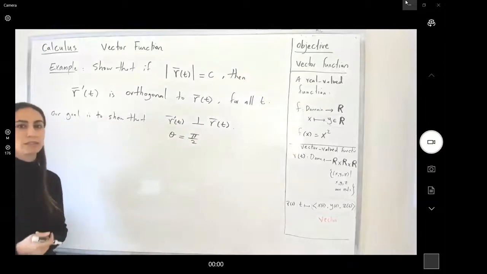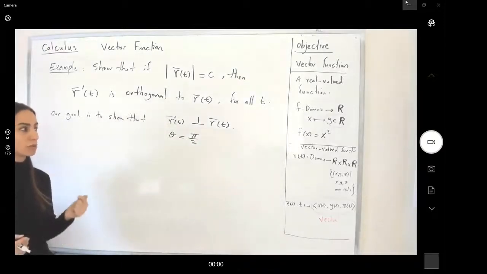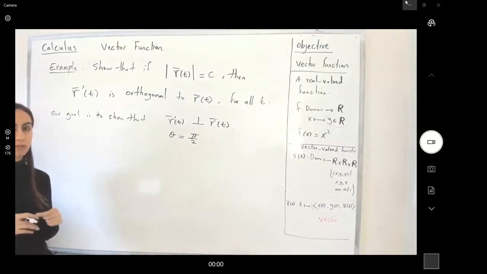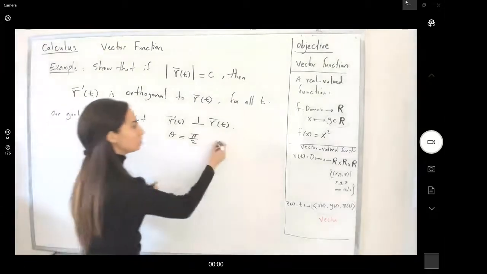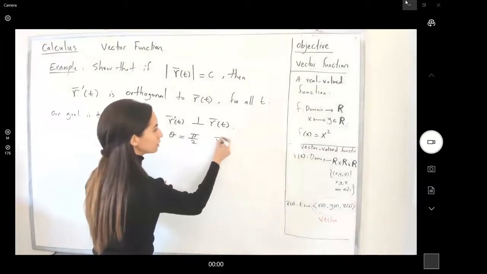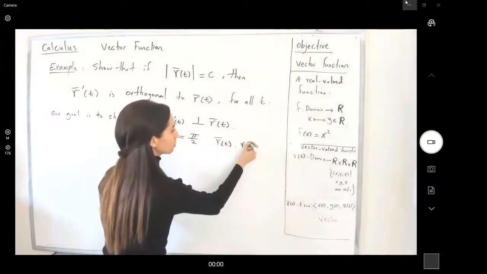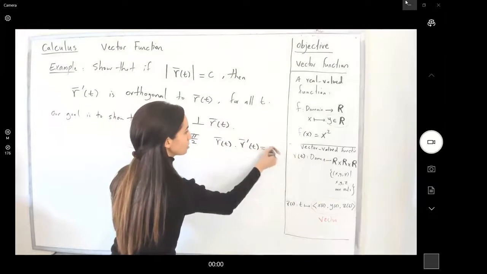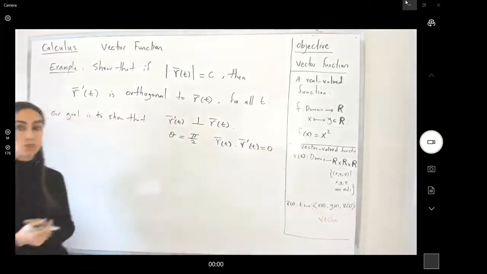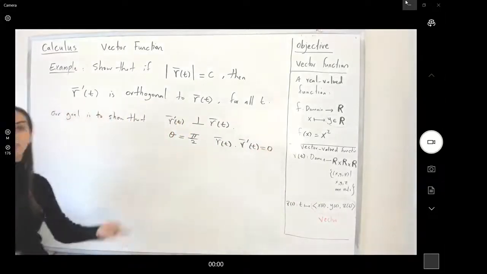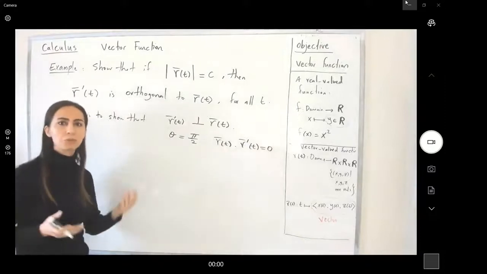When the angle between them is pi over 2, what's the meaning of that? It means that the dot product is equal to 0. But how do we show that the dot product between r and r prime is equal to 0? This is our goal. We want to prove this.